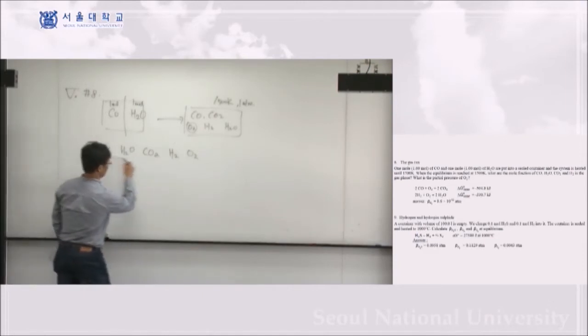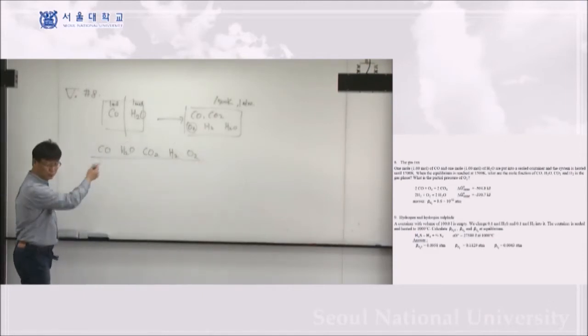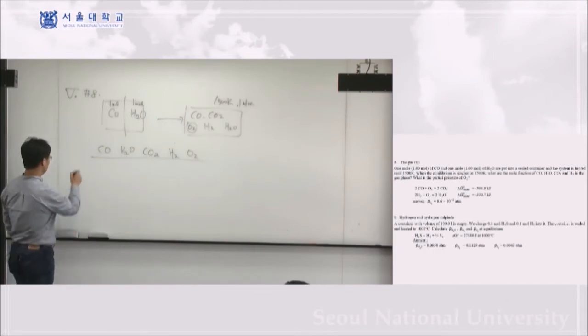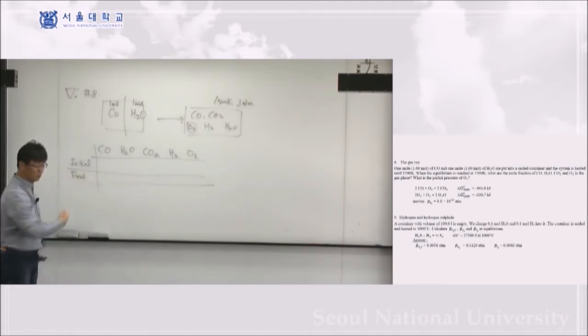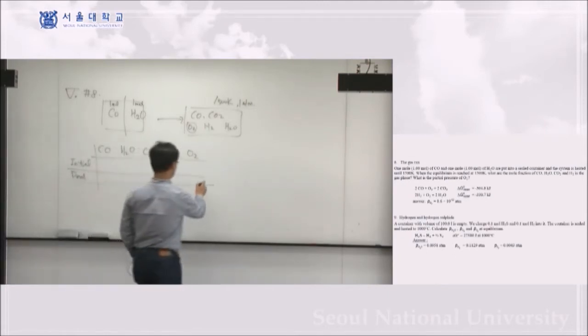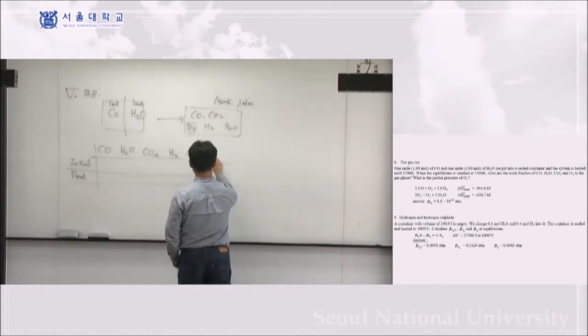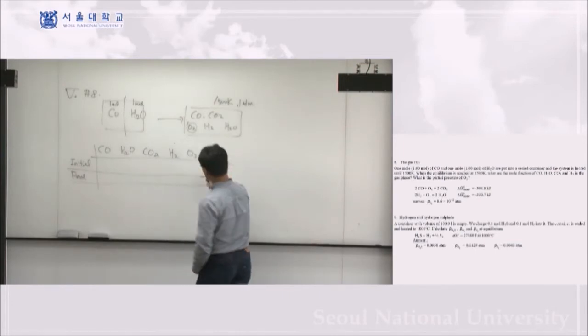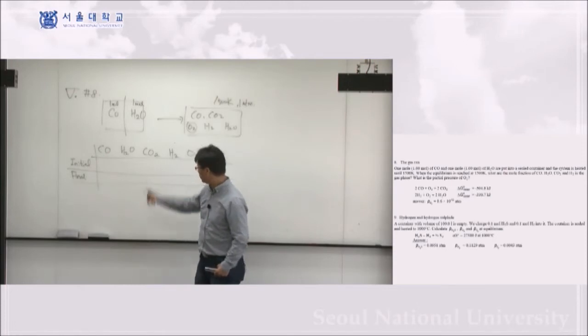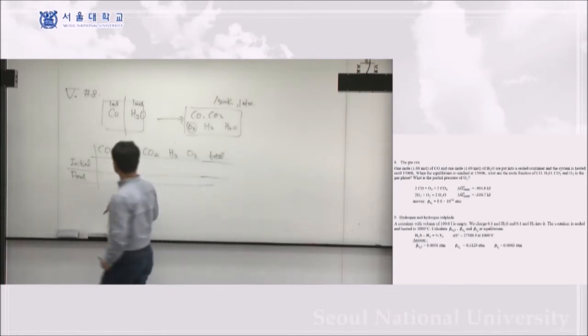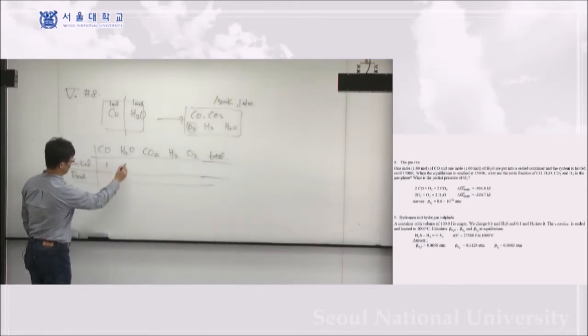All the possible phases we know, according to the question. This is the initial state, and this is the final state. This is simply for the mass balance check, okay? And this is total. So total moles of the gas phase, and moles of CO, moles of H2, moles of CO2, etc. So initially I have 1 mole and 1 mole.